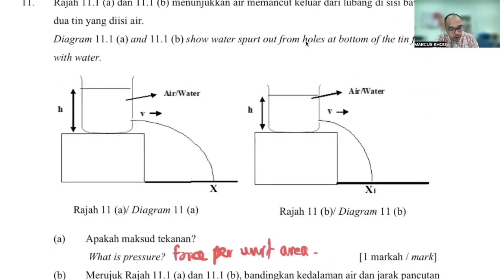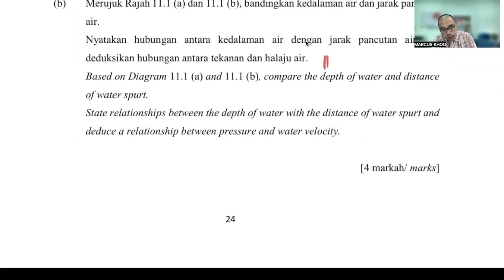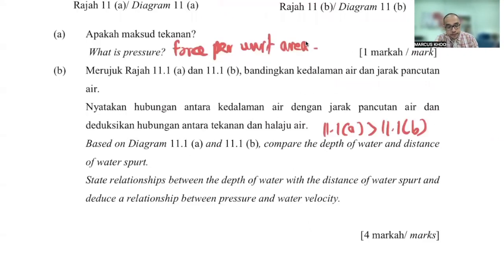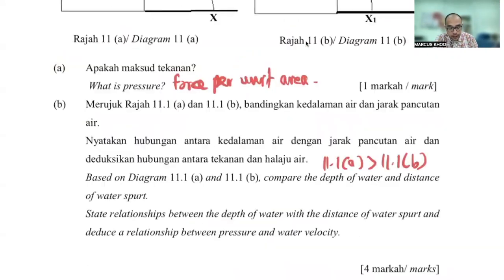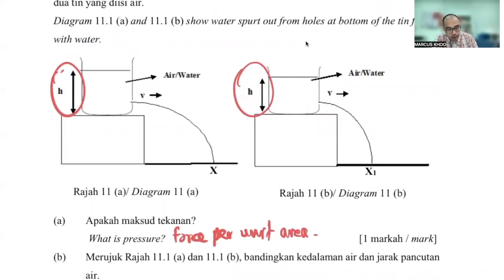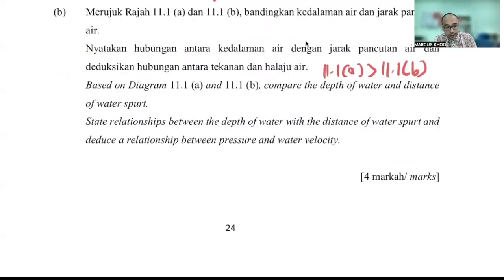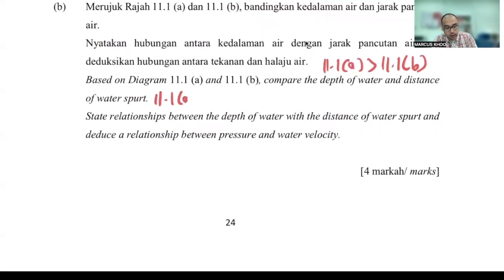Based on diagram 11.1a and 11.1b, compare the depth of water and the distance. So the depth of water, which is H and H, obviously 11.1a is bigger than 11.1b. The depth is much bigger. The distance, look at the distance over here and here. Same comparison again: the distance in 11.1a is bigger than 11.1b.